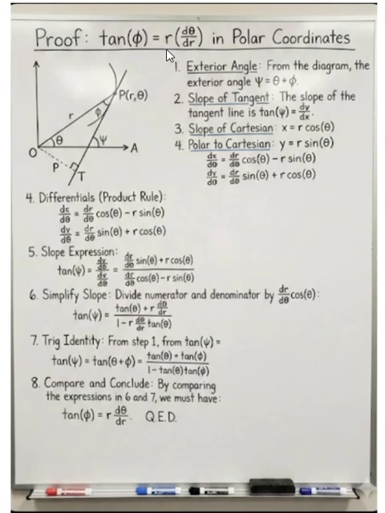We have the polar coordinate system, meaning a point is represented by r and theta, where r represents the distance of that point from the origin, and theta is the angle made by this radius vector with the x-axis. If you draw a tangent at that particular point, the tangent makes an angle with the x-axis, that is called psi.